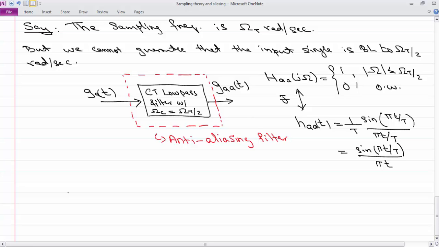It's exactly like the reconstruction filter, except that the scaling is 1 instead of capital T.